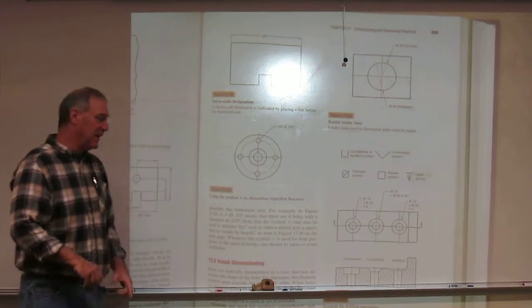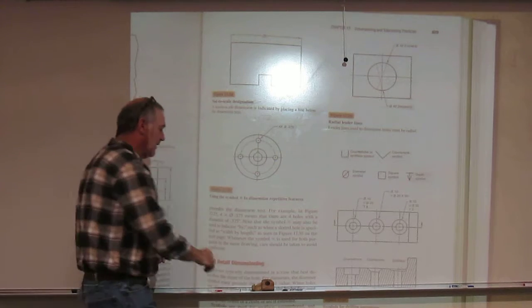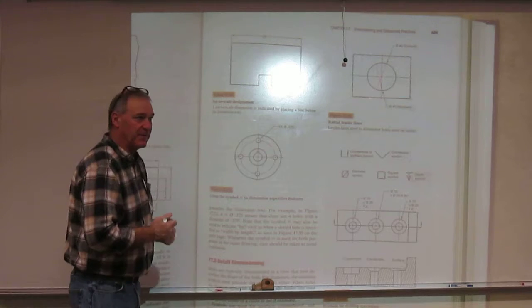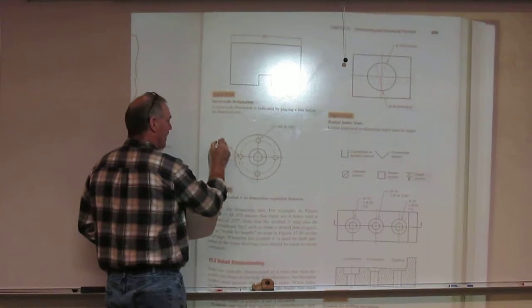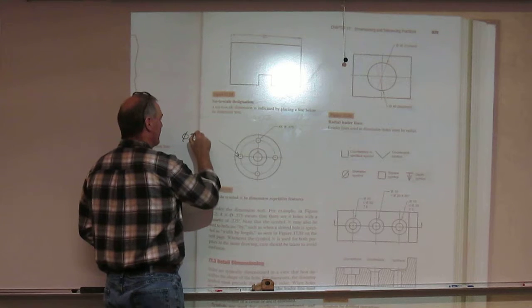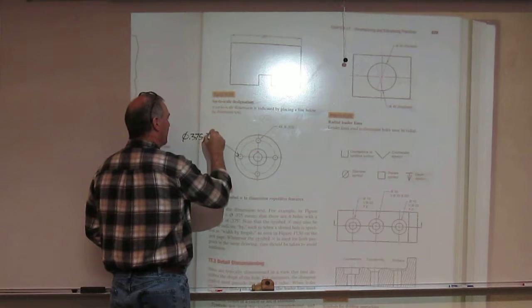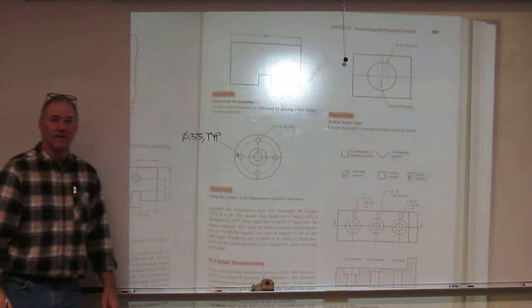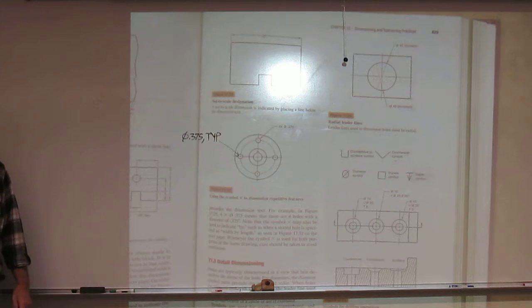Now, you want to be a little careful with this because you're going to see another abbreviation that's very similar, where you're going to see something like diameter 0.375, comma, TYP. Typical.